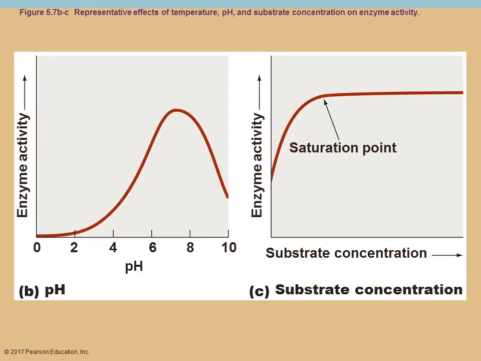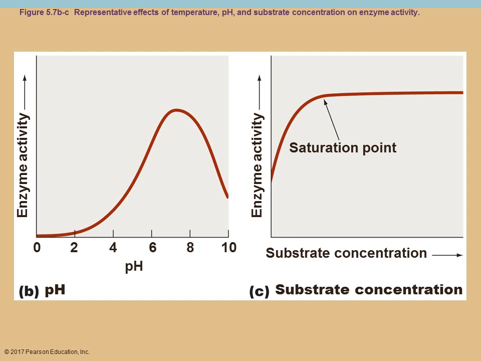There are different things that can affect the functionality of the protein, and a lot of it has to do with these environmental conditions such as temperature or pH.